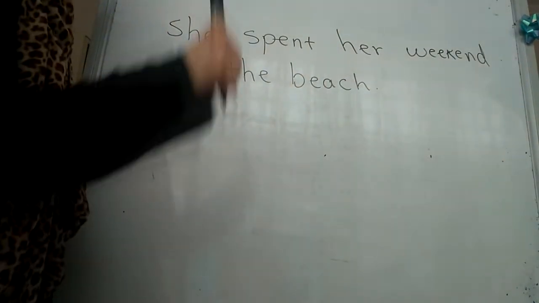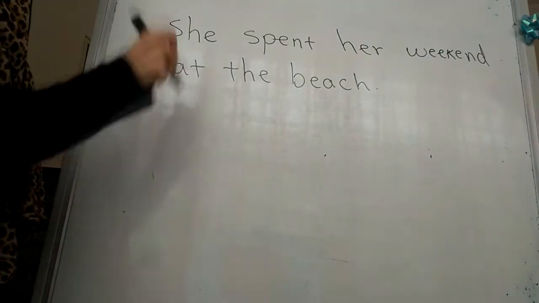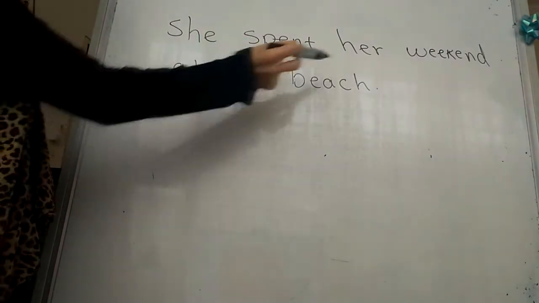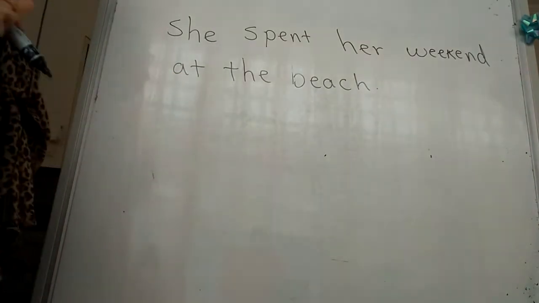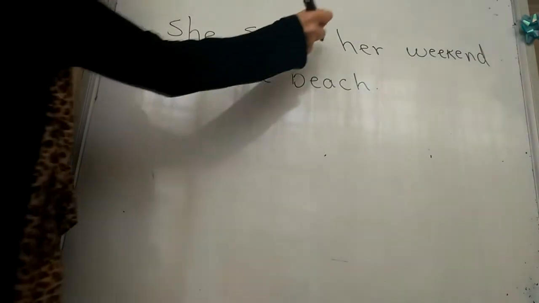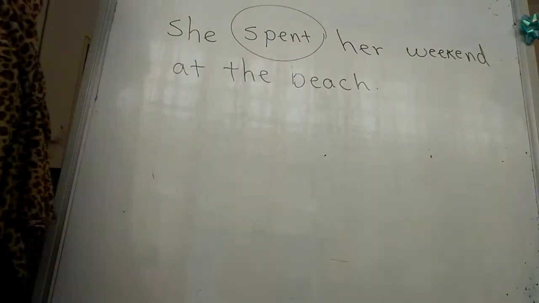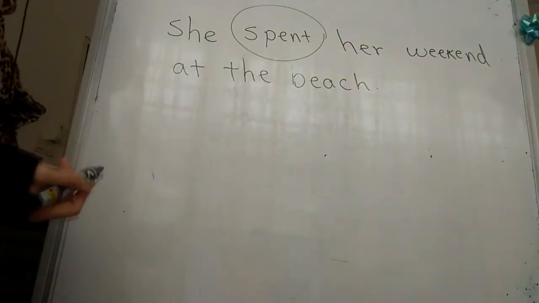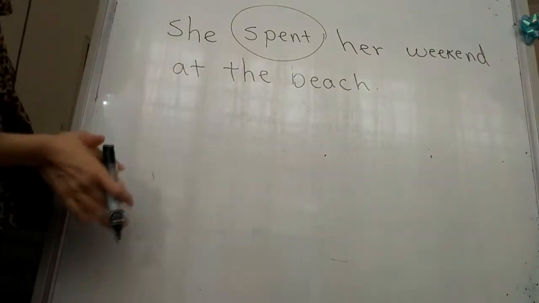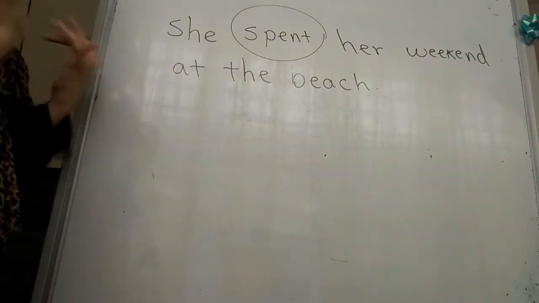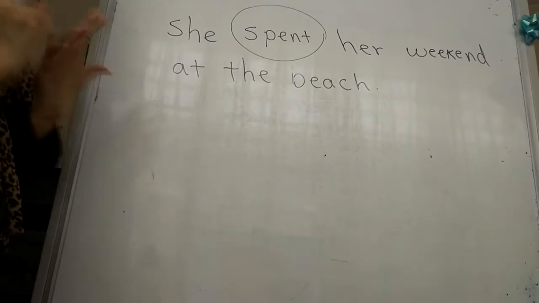All right, let's just look at this example. She spent her weekend at the beach. The first thing that you need to look at is the verb. You need to ask yourself if the verb here is simple past or simple present. This is number one. This should be the first thing that you look at.